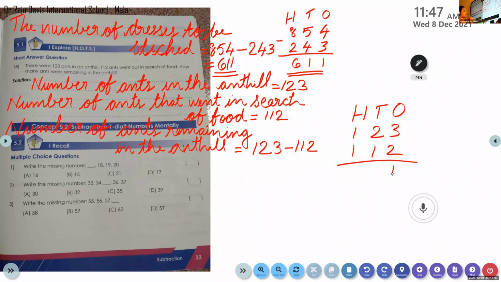Okay, you please write it. From the ones place, 3 minus 2 is 1. Tens place, 2 minus 1 is 1. And hundreds place, 1 minus 1 is 0. So the answer is 11.